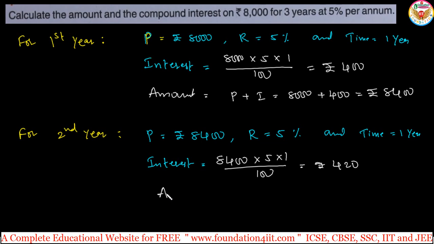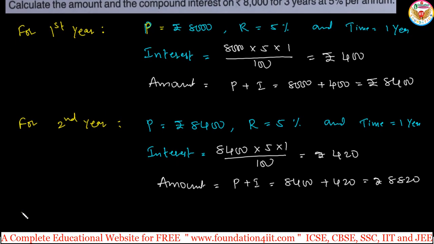Now the amount is the same, P plus I. The second year principal is 8,400 plus 420 interest, therefore the total is 8,820. Now for the third year, because they're asking for 3 years.